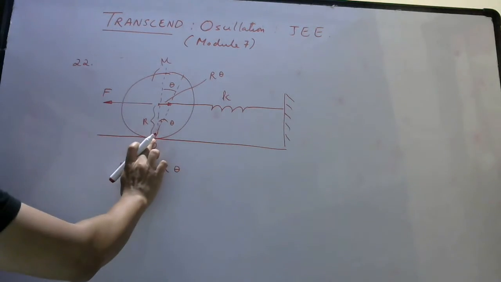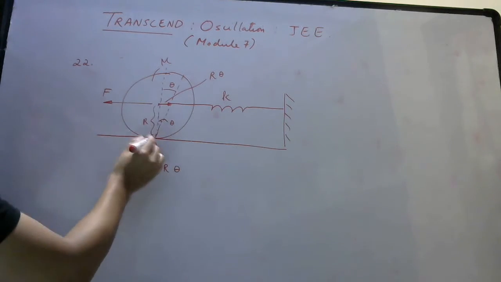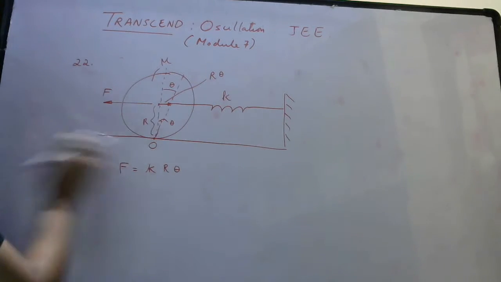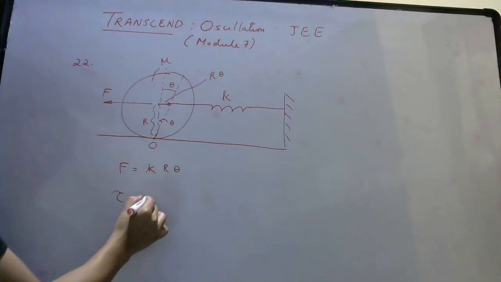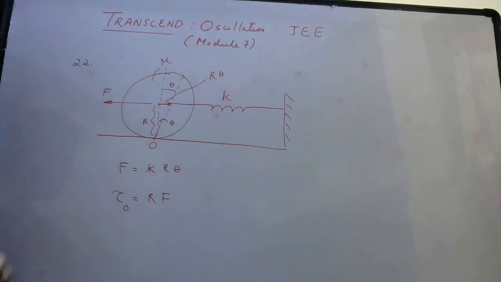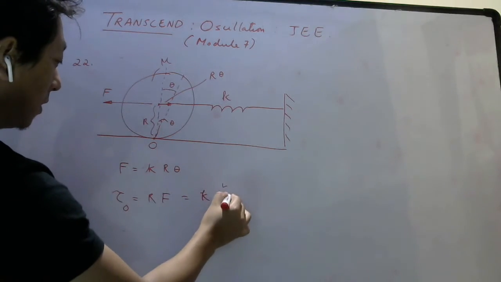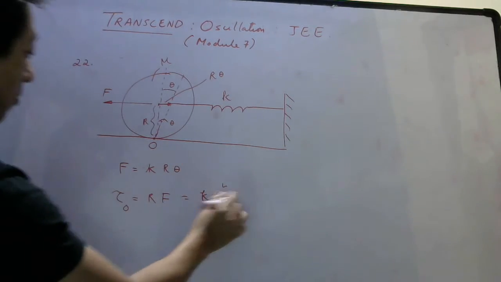Whatever forces, normal force, friction, they will not create torque about this point, because all of them pass through that point itself. So torque about O will be R perpendicular, which is R itself, into this force F. That will equal k R square theta, once you substitute F here.